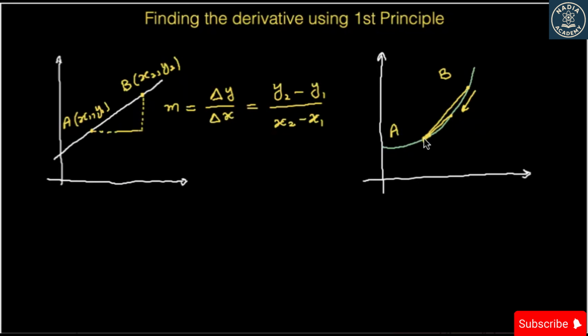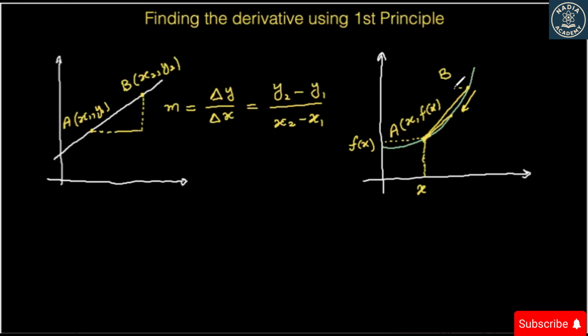Let's say point A has the following coordinates: here we have the x coordinate, and the y coordinate is f of x. So the coordinates of point A are x and f of x.